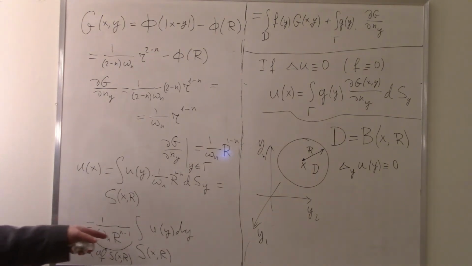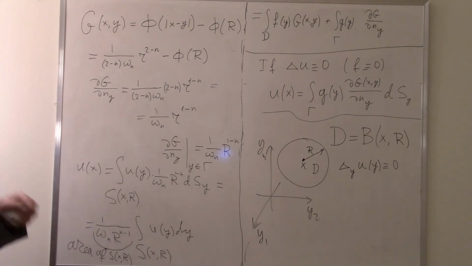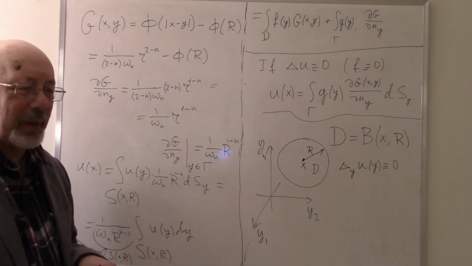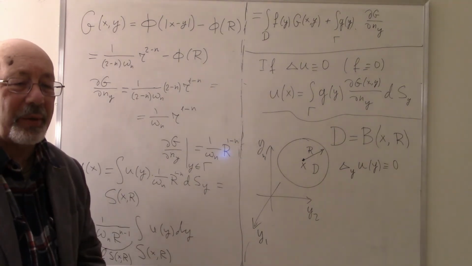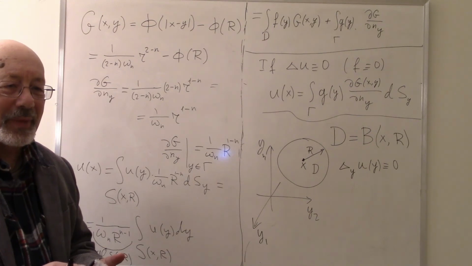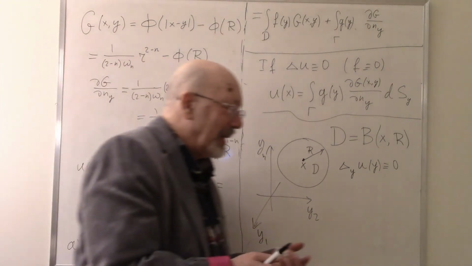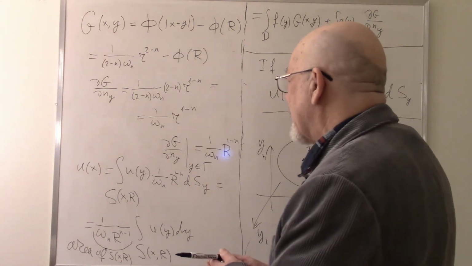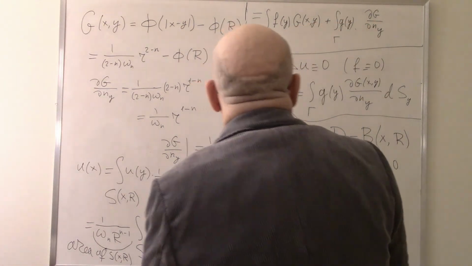So what is written here is nothing but: we take the integral of the function over some domain and then divide it by the area of this domain. In this case, the domain is the sphere. So it is the mean value, the average, of the function u of y.